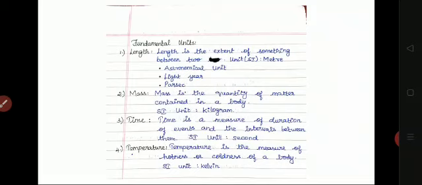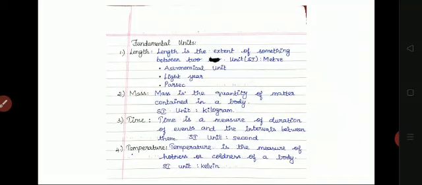Length is the extent of something between two points, that is from point A to point B, for example from Chennai to Trichy. The SI unit in which we measure it is the meter. For longer distances we use the kilometer, but this is for measurable distances. In order to measure very large distances, such as the distance between the sun and earth, or Mars and earth, we have to use the astronomical unit, light year and parsec.